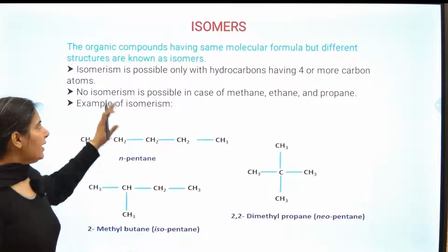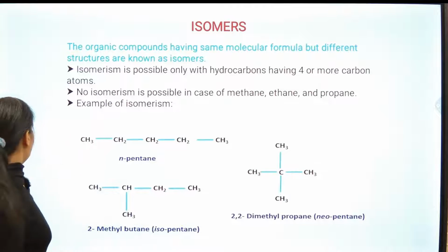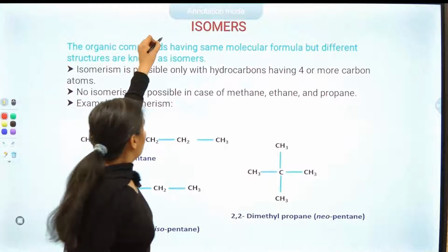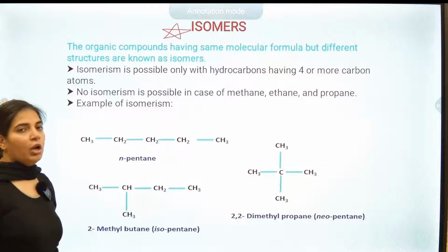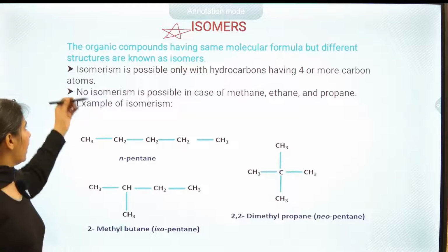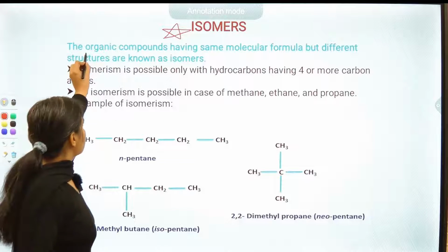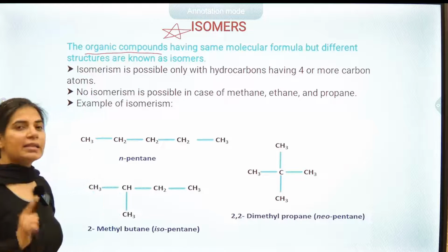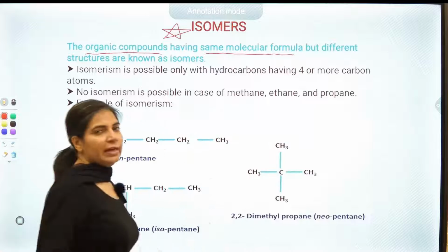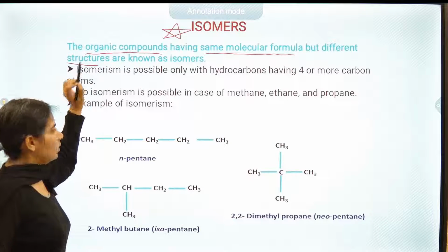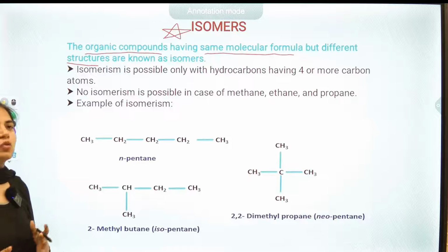Here our next slide is of isomer, and this is a very important topic. Now what are isomers? The organic compounds having same molecular formula but different structure are known as isomers.